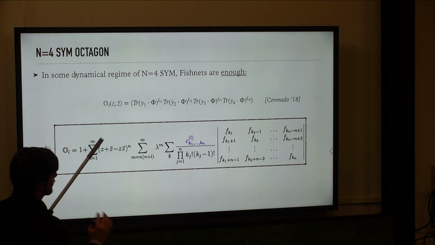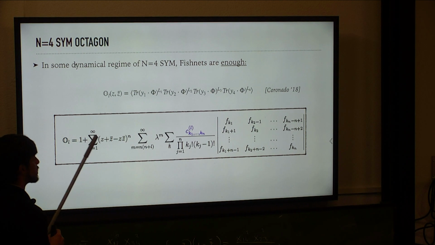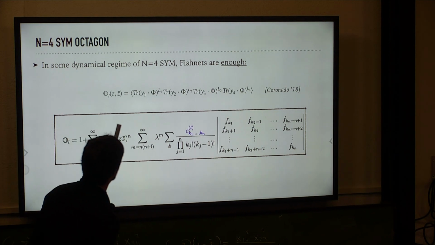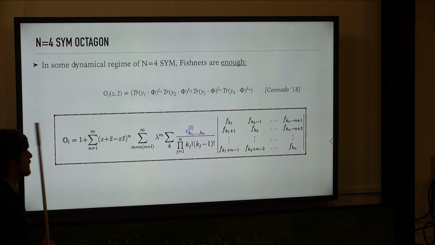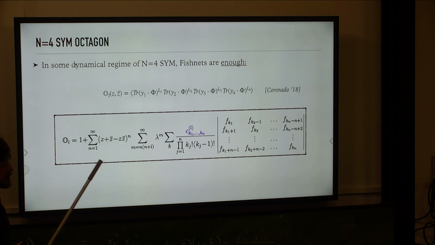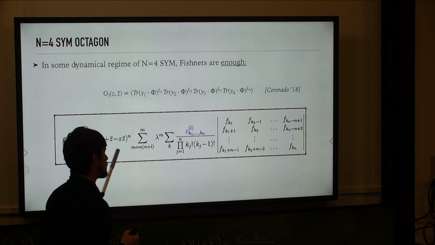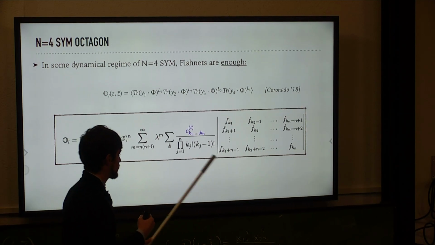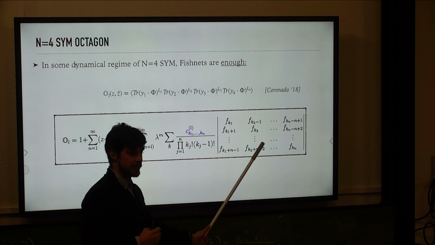Right? So in this regime, it is possible, remarkably, to solve exactly this object and write it as, like the Basso-Dixon integral, a linear combination of determinants of ladder integrals.